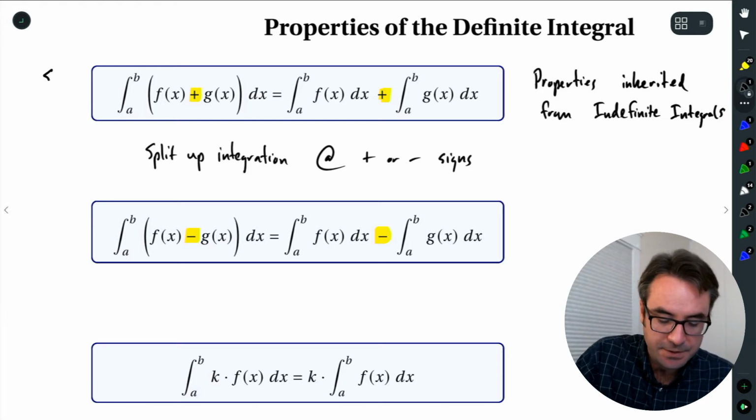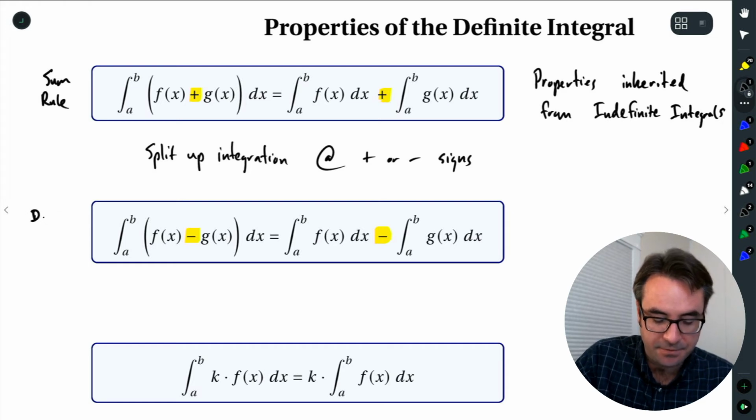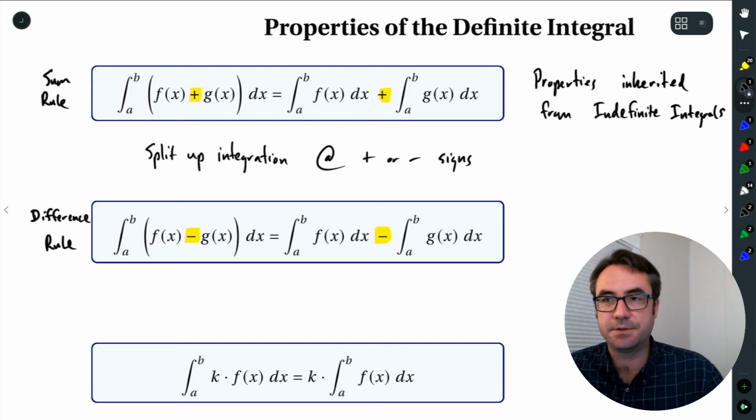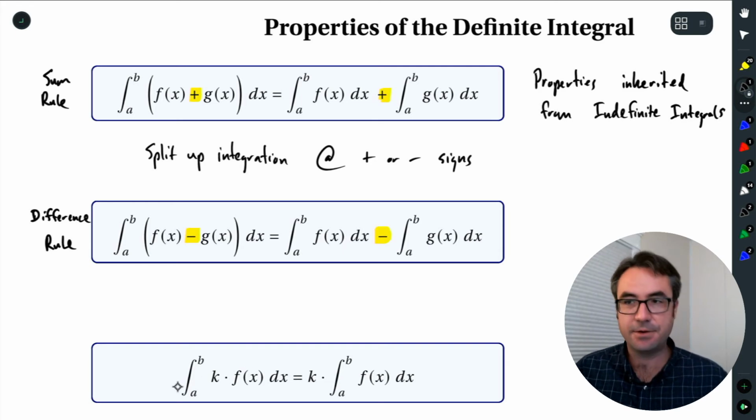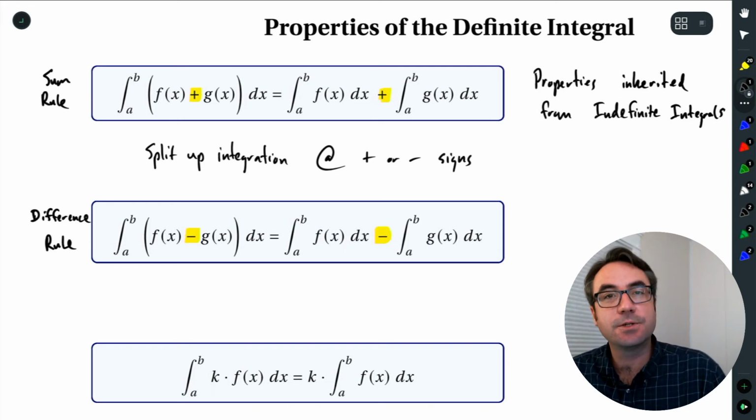Sometimes we call this the sum rule, and this the difference rule. These are things we've seen for indefinite integrals. And then right down here, we also have a constant multiplication rule.